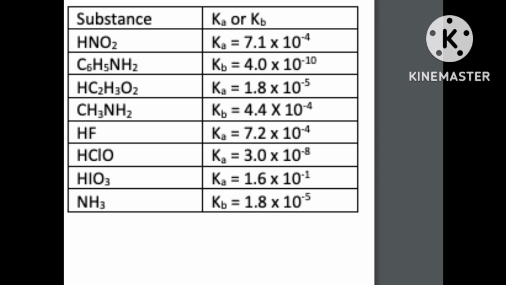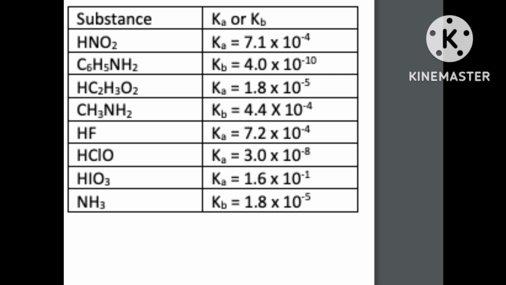Then the dissociation constant of a weak base like MOH in aqueous solution: MOH will give M plus and OH minus, all in aqueous solution. MOH dissociates and gives M plus ion and OH minus ion.